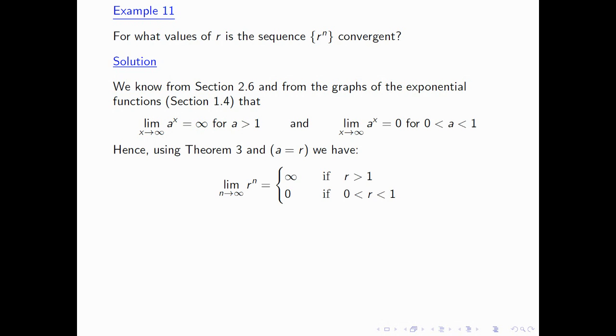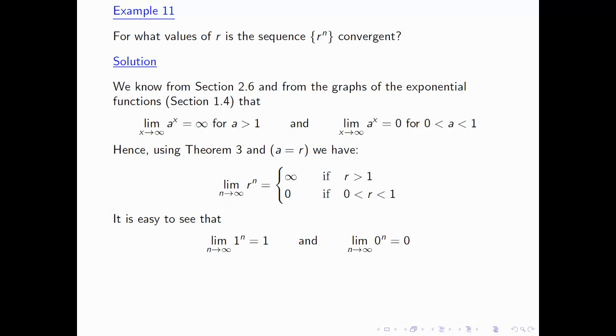And so we can use Theorem 3 that we did in the previous lecture and see that the limit as n goes to infinity of R to the n must be infinity if R is greater than 1, and it must be 0 if R is in between 0 and 1.